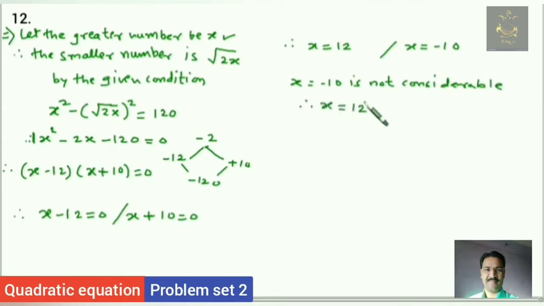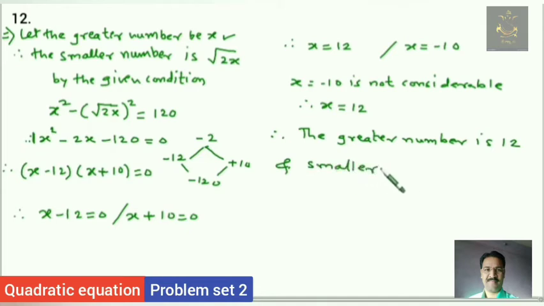We have to find two numbers. Therefore this is the greater number. Therefore the greater number is 12, and the smaller number is how much?